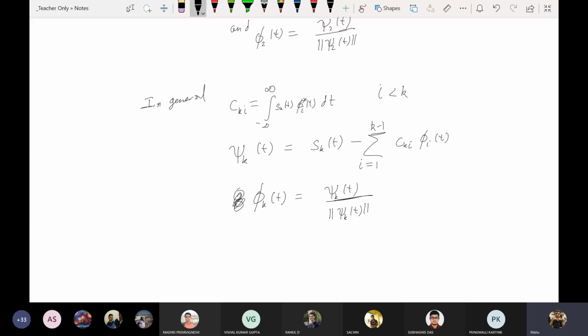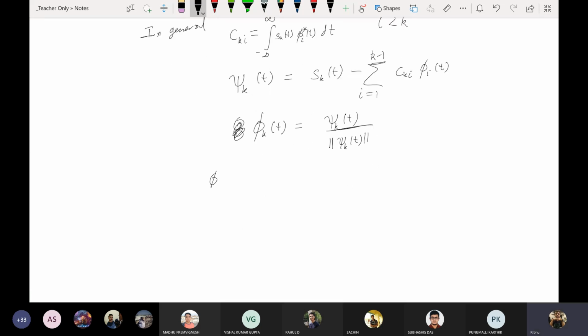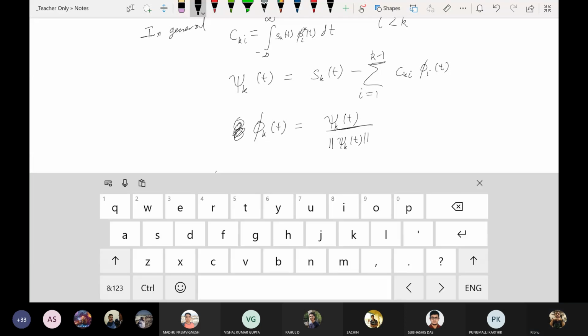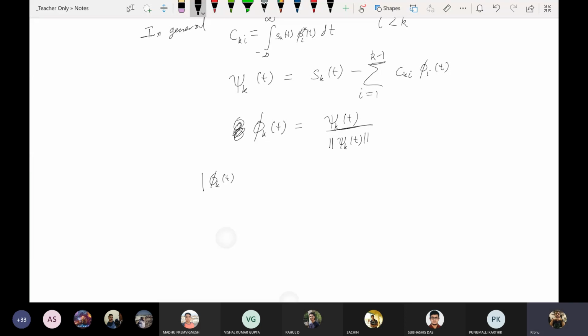Fine. And I believe it is trivial to show that phi_K(t) have unit norm and are orthogonal, so these two are trivial, I believe.